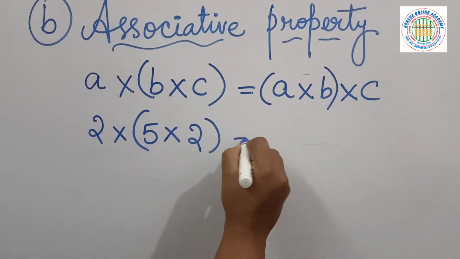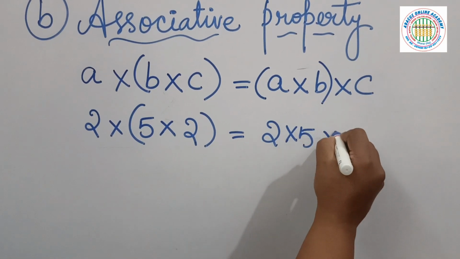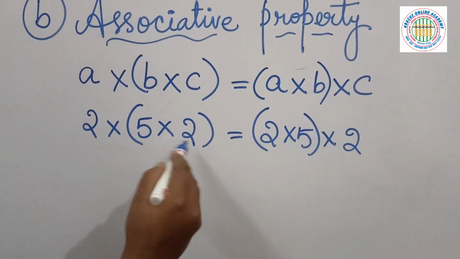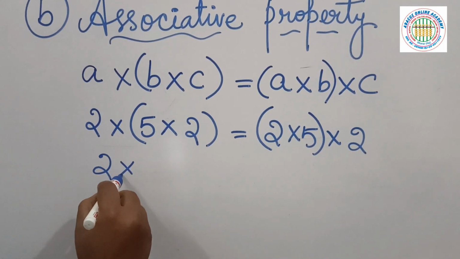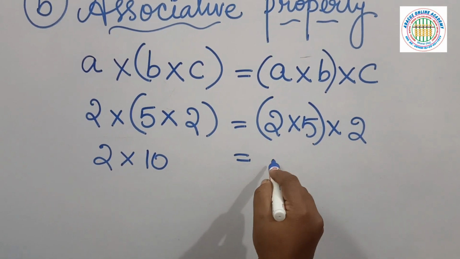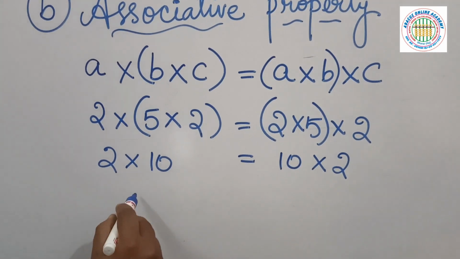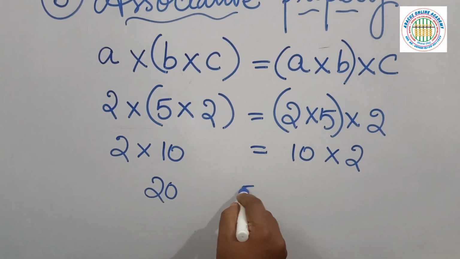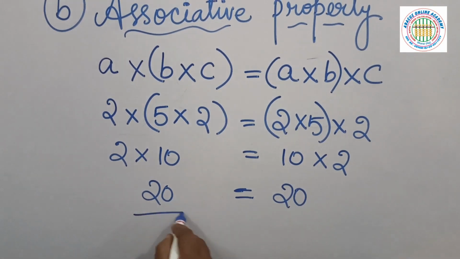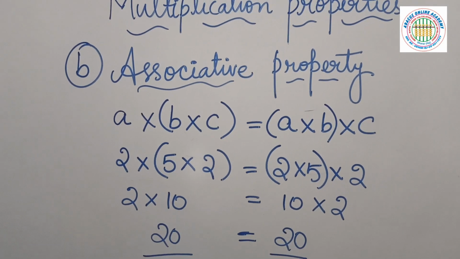Put a bracket here. Let's group this one. Okay, first let's multiply the number that is in the bracket. So 5 2s are 10. Here in the bracket 5 2s are 10 multiplied by 2. 2 10s are 20. 10 2s are 20. Okay, this is associative property of multiplication.